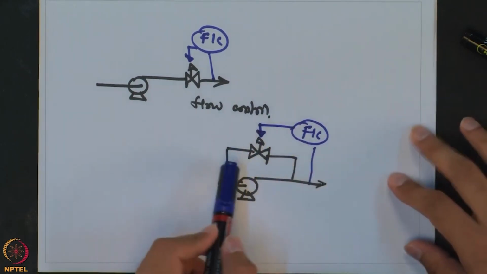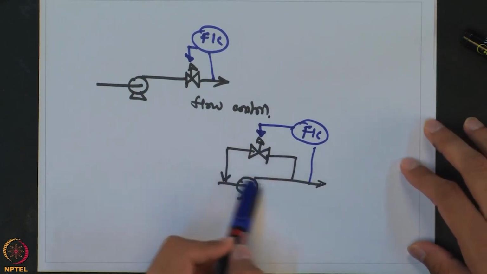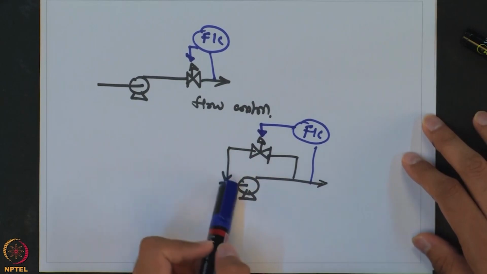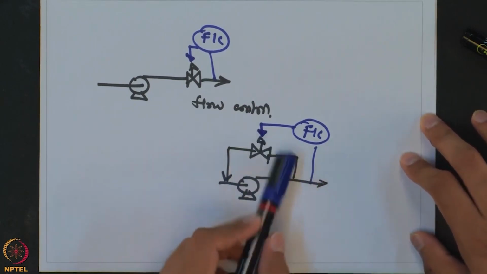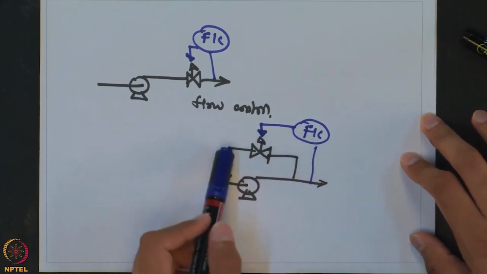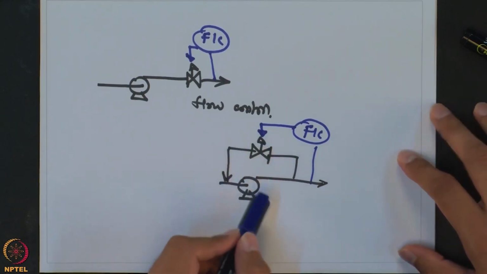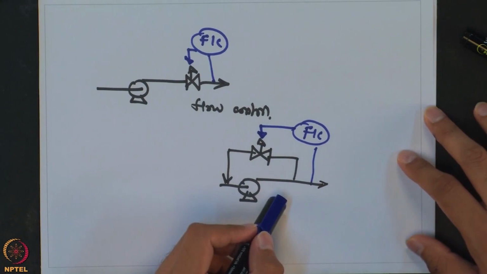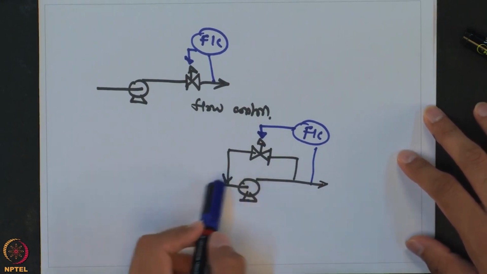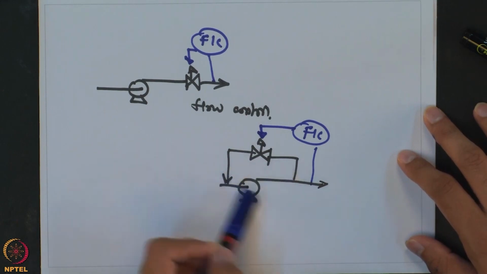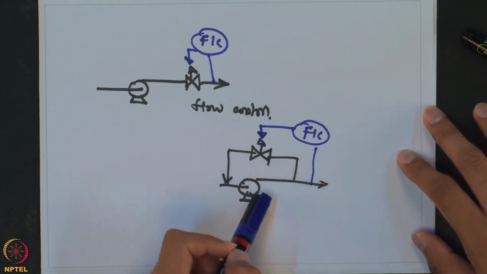So here the total amount of flow which goes through the pump remains the same, and depending on the requirement, you recirculate more amount of the fluid. This particular strategy is going to have more power consumption, because the amount of flow which goes to the pump is higher. You also require a bigger pump.